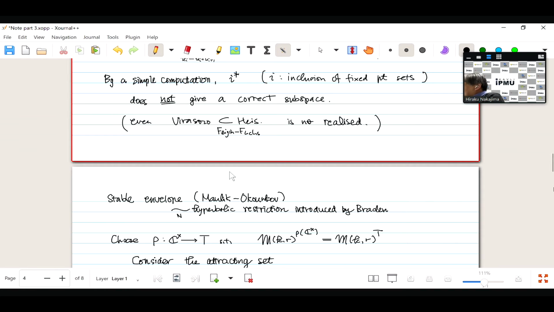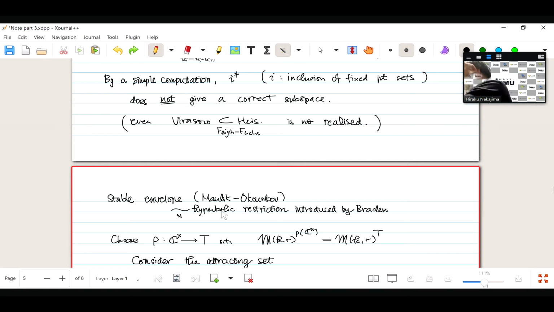And afterwards, I realized that this stable envelope is closely related to the so-called hyperbolic restriction functor, which was introduced by Braden. So those two are sophisticated tools in geometric representation theory.